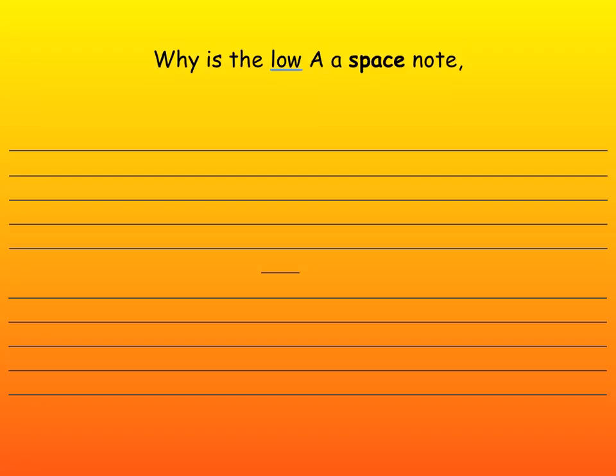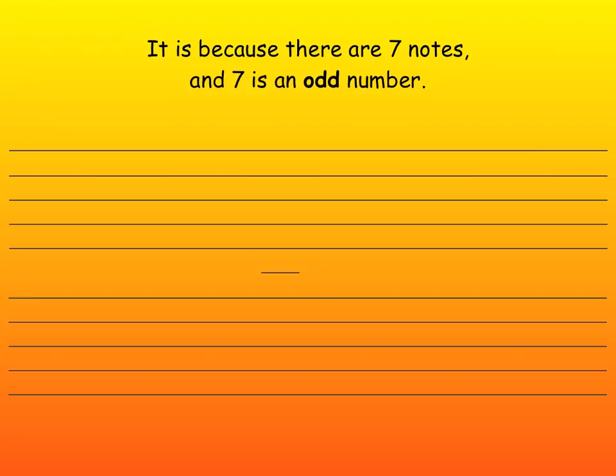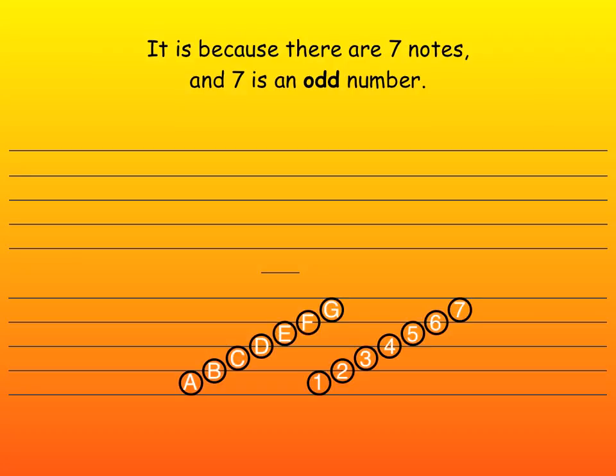Why is the low A a space note, but the high A is a line note? It is because there are 7 notes, A, B, C, D, E, F, and G, 1, 2, 3, 4, 5, 6, 7, and 7 is an odd number.